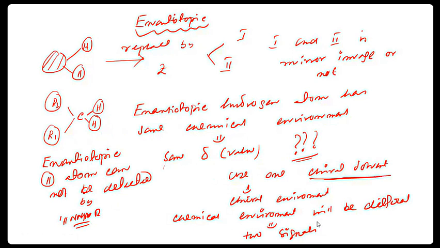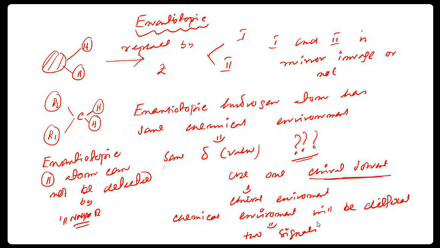After this kind of discussion, if there is just a written statement without asking to solve the structure, whatever the statement, we can easily rectify what they are trying to say. So what did we learn? Homotopic protons cannot be detected.